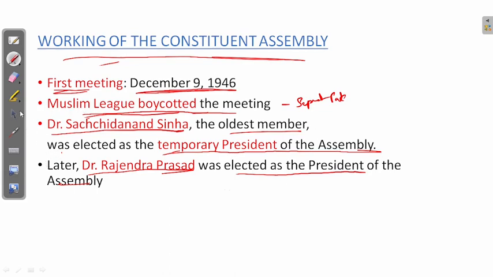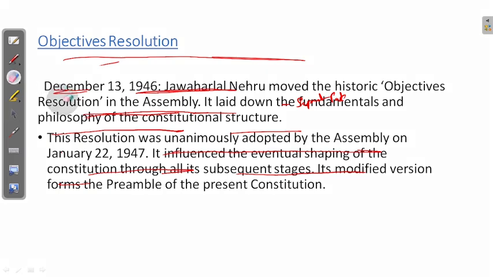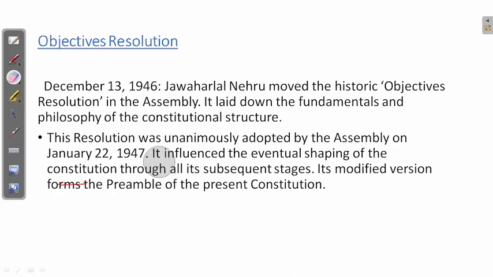Next, let us see the objectives resolution. See, on December 13, 1946, Jawaharlal Nehru came up with the objectives resolution in the assembly. It laid down the fundamentals and philosophy of the constitutional structure.